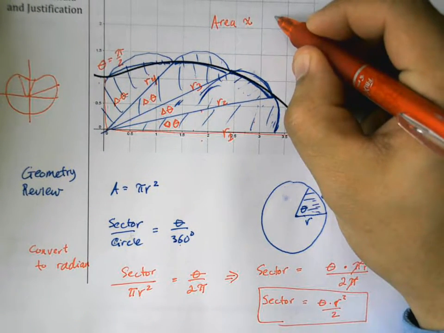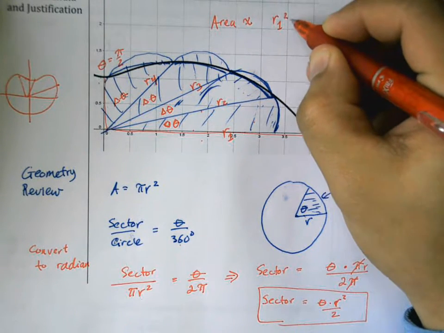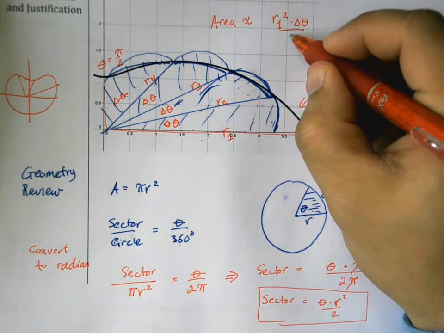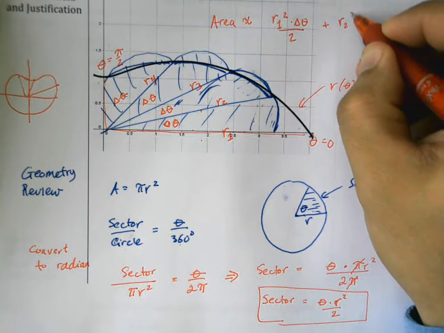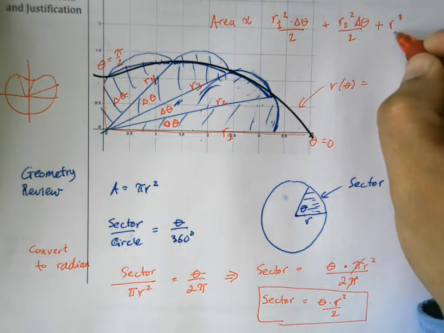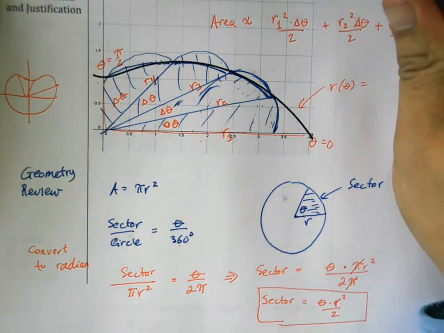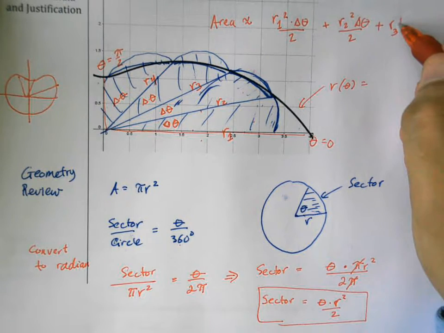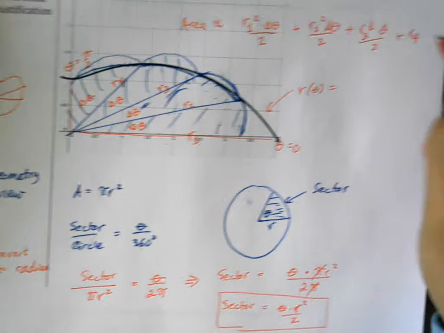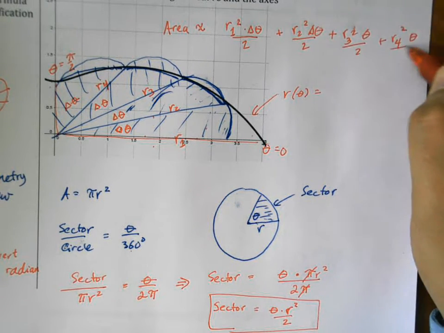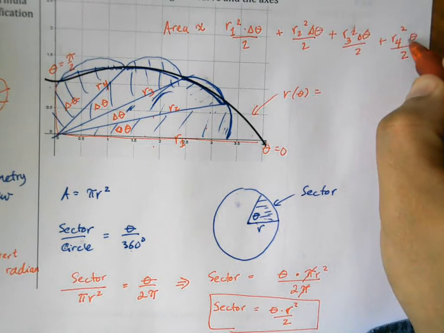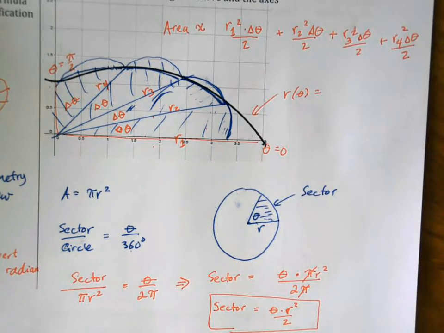So the area here is really equal to R1 squared times delta theta over 2 plus R2 squared delta theta over 2 plus R3 squared times delta theta over 2 plus R4 squared times delta theta over 2.